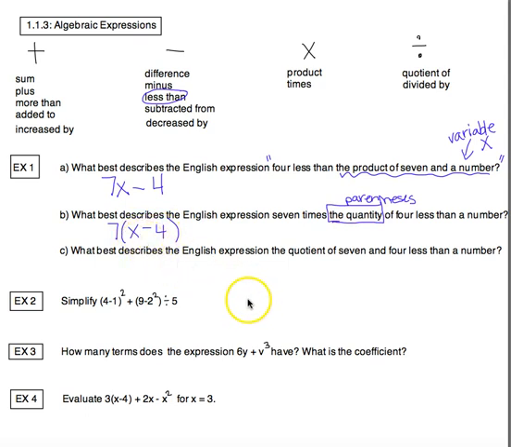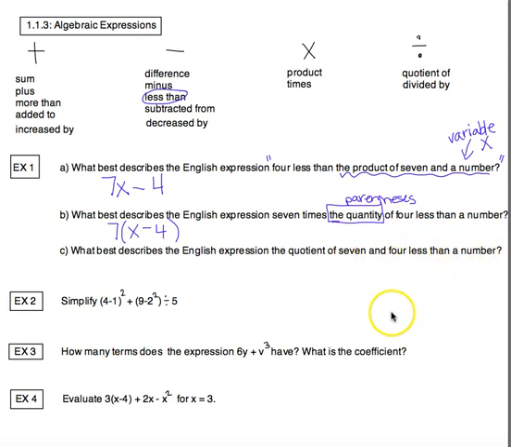Now, I will tell you that because division implies parentheses, they will not say the quantity for things that are supposed to go together in a numerator and denominator. So that's what I tried to do here with C. What best describes the English expression, the quotient of 7 and 4 less than a number?